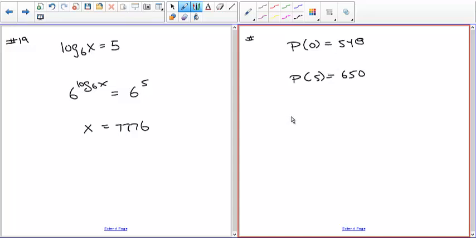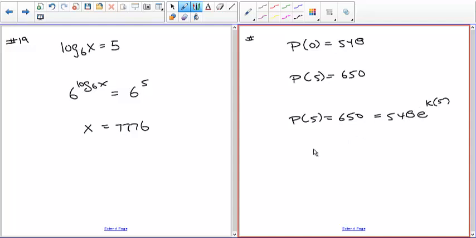Okay, so what you do is you use P of 5 to figure out what k is. So you'd say, P of 5 is 650 is equal to 548 e to the k, but t is 5, so you put 5 in there. And now you just solve for k. So again, you have to have the logarithm by itself or the exponent by itself.